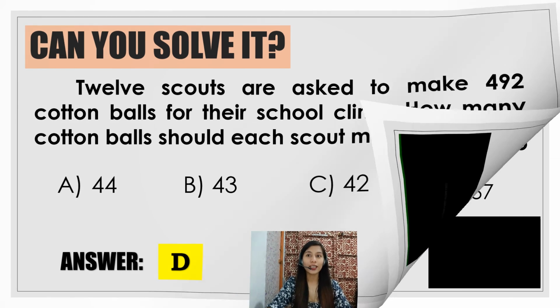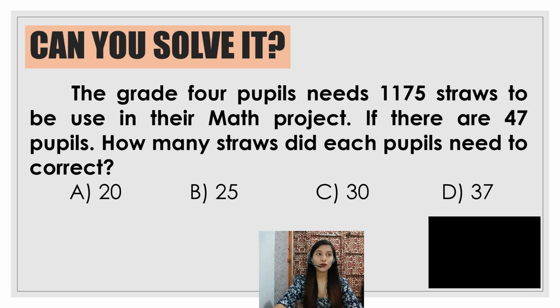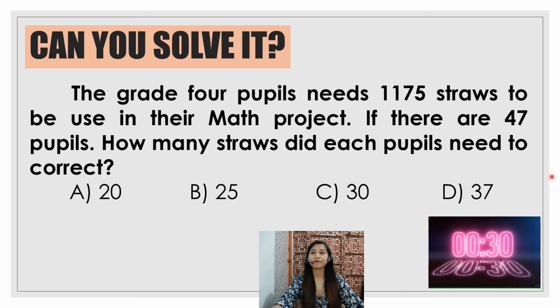Okay, next, for the last one. The grade 4 pupils need 1,175 straws to be used in their math project. If there are 47 pupils, how many straws does each pupil need to make? Okay, timer starts now. T minus 30 seconds.